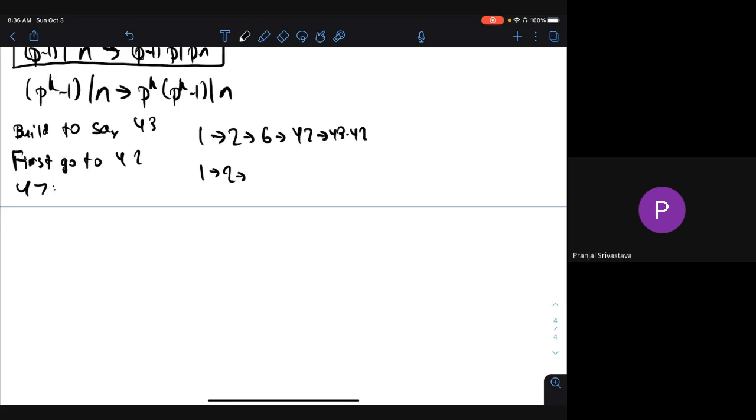Yeah, so if we multiply by 4 and then 8. This is what you were saying, by the way: 1, 2, 4, 8. Okay. So this way we will get 48 but not 47. And from 48 we cannot go to 47. So this does not work.